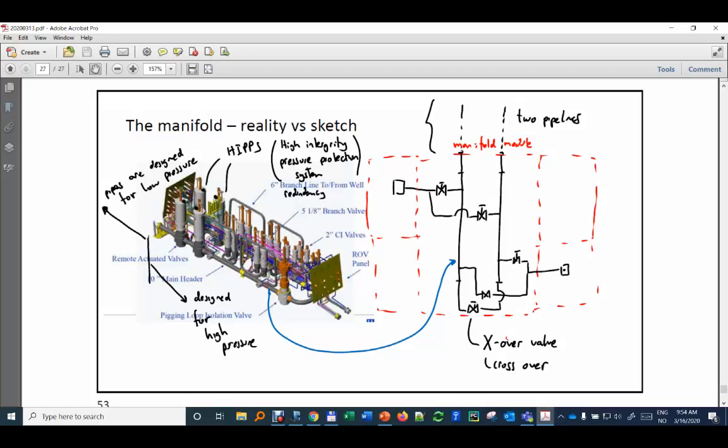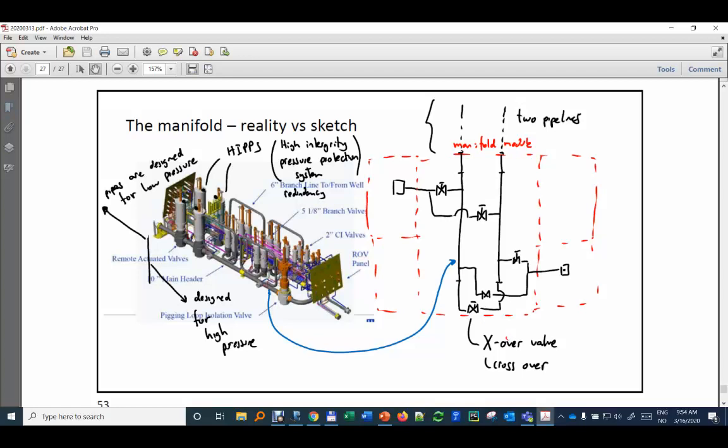Other things you see here, which we are going to discuss in a few weeks, not in this class, are all of these colored lines, blue, pink. These are for the hydraulic fluid, chemical injection, and communications lines.